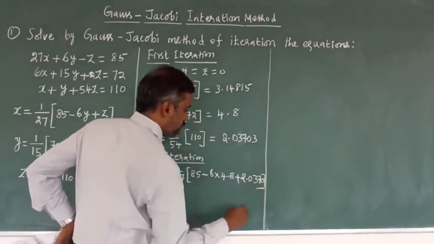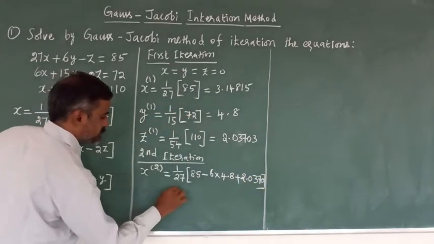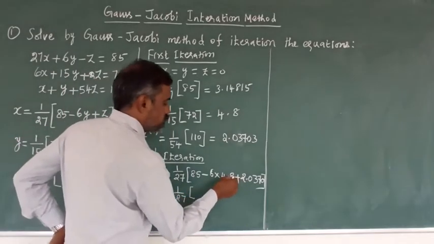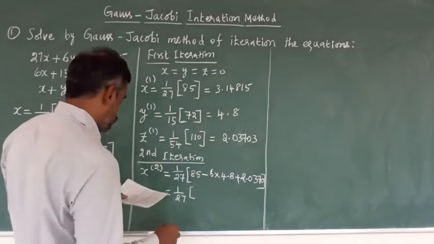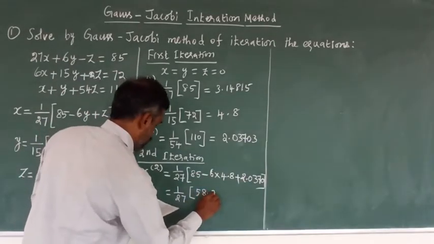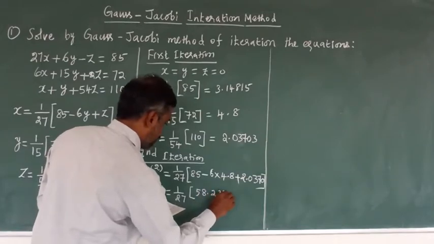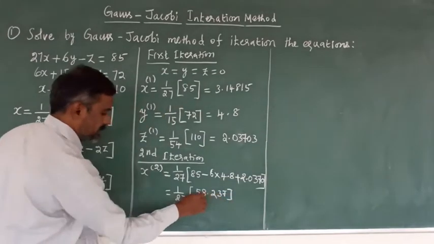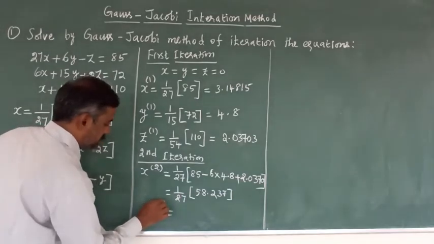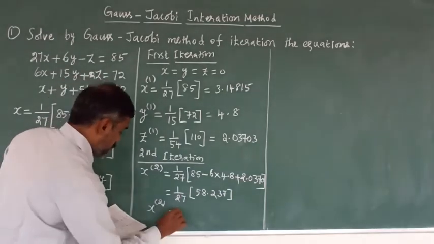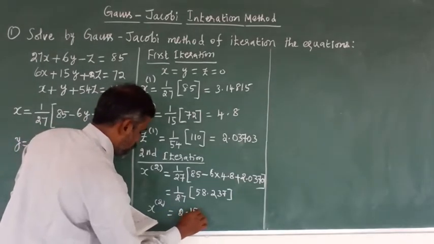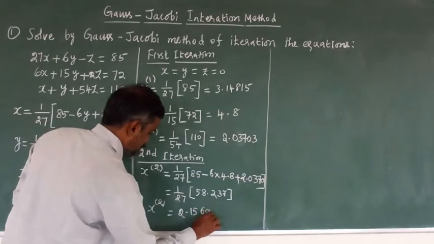Now simplify: multiply and add these, and the result is 58.237. This divided by 27 is the second iteration value of x, 2.1569.